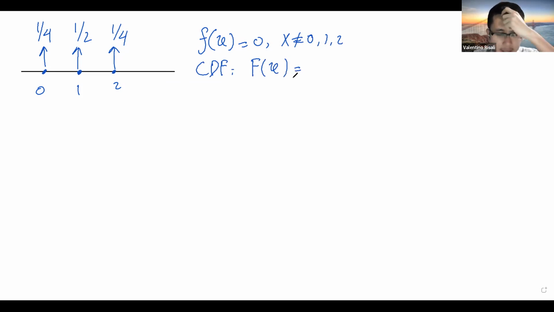Because it is discrete, we will use the sum of f(y) for all y less than or equal to x. And of course, because it is a CDF, we must find F(x) for all x in the real line.